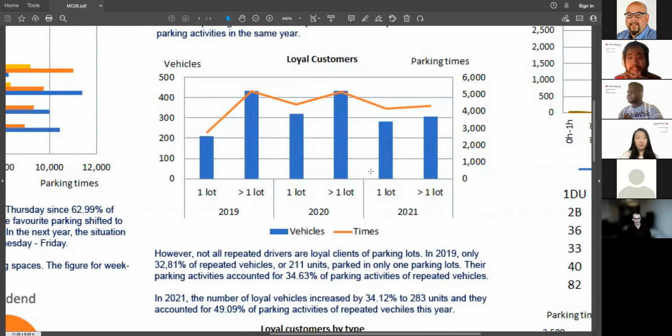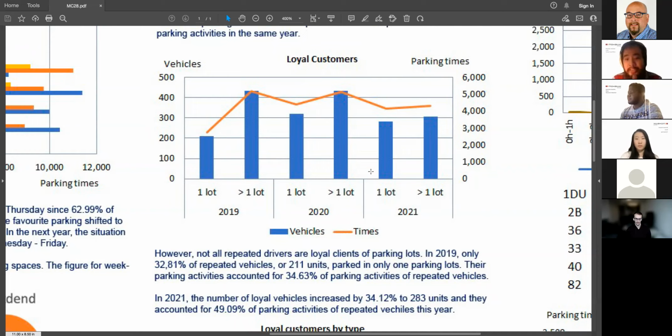So you can see that in 2019, only nearly 33% of repeated vehicles, about 210 units, parked in only one parking lot.